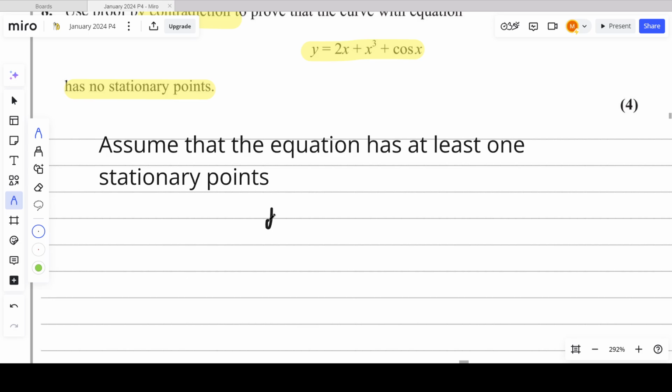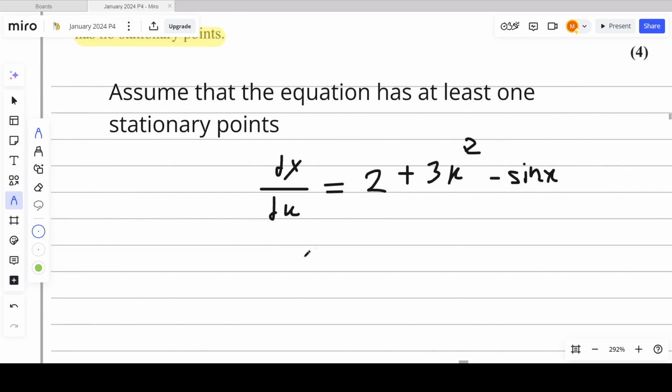So let us first find the derivative. dy over dx equals 2 plus 3x squared, and the derivative of cos x is negative sin x. So we got the derivative: 2 plus 3x squared minus sin x. Now consider what would be the case at a stationary point.